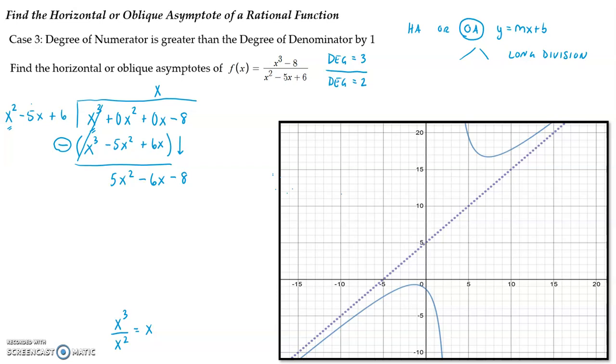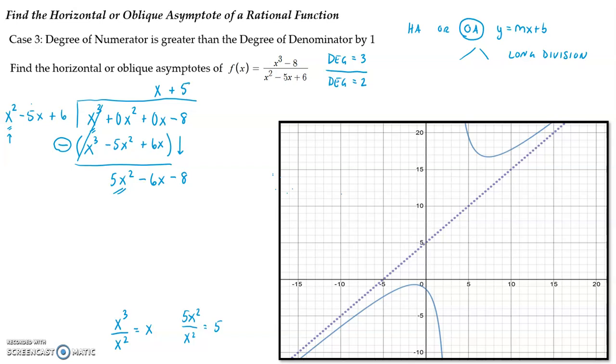Now we can start the process all over again. This time we're looking at this 5x squared, and we're dividing it by this x squared that we see out in front. This is going to give us positive 5, so I'm going to line that up above my constants here.